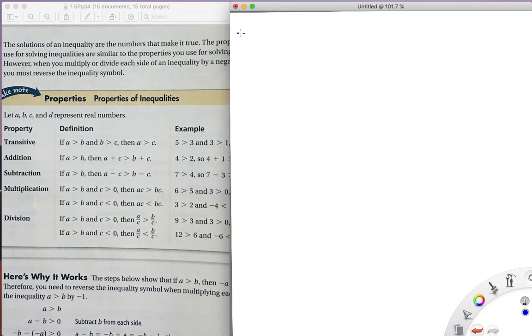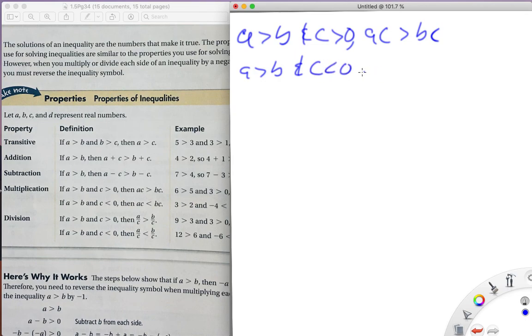Multiplication property of inequality: if A is greater than B and C is greater than 0, then A times C is greater than B times C. Likewise, if A is greater than B and C is less than 0, then A times C is less than B times C. Alright, so these are two examples.